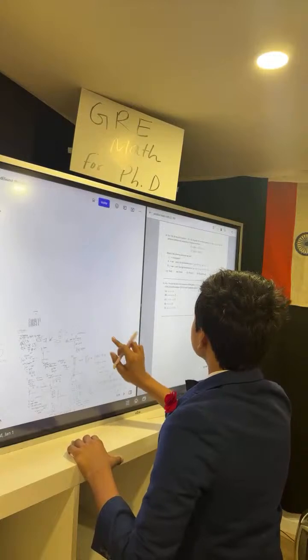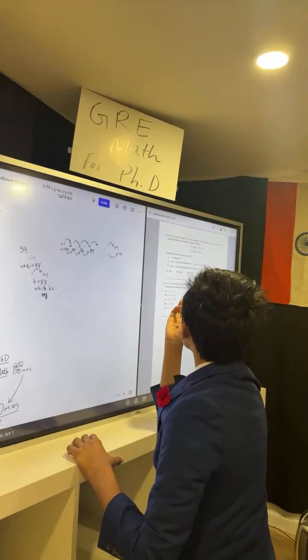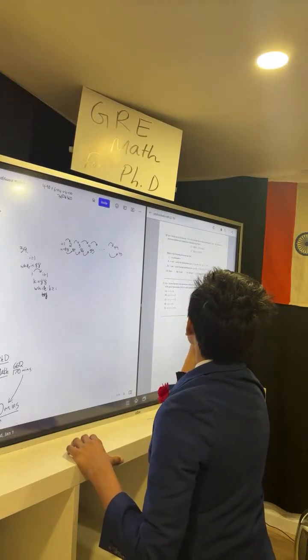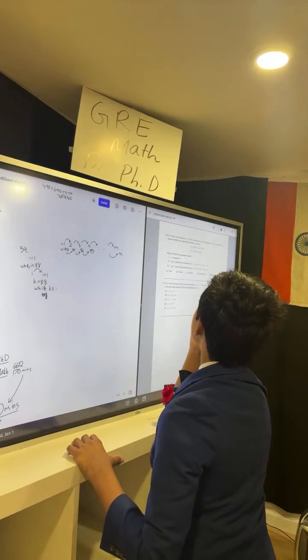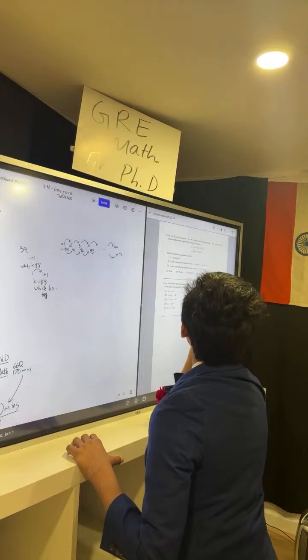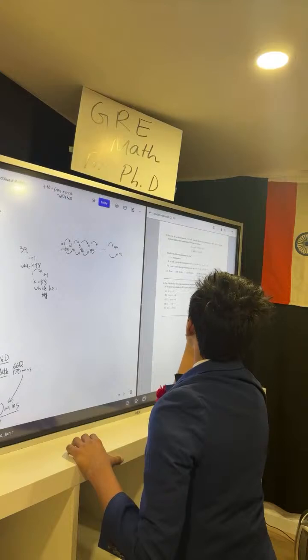Let S be the set of all functions f from R to R. Consider the two binary operations plus and dot. Dot is definitely not commutative, probably.